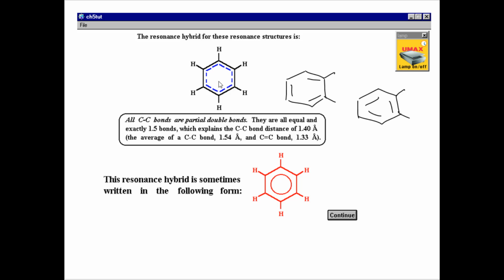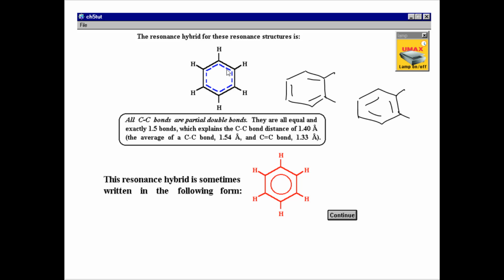So what you see is the resonance hybrid would have partial double bonds all the way around the ring. Organic chemists, for the most part, don't like math, and we're lazy, so we abbreviate that as a circle. I've gotten out of the habit of putting the circle in, but that's where the circle comes from for a benzene ring. It comes from this resonance hybrid.